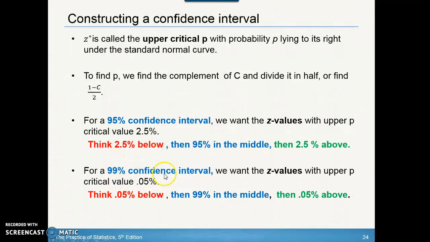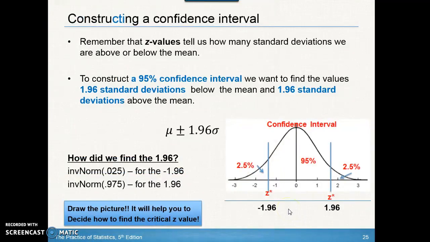For a 99% confidence interval, we want to use z-values with upper P critical value of 0.005. That's saying you have 99% in the middle of your curve, and you have 0.5% above and 0.5% below. So here's where your critical z-score would be here and here. And then they always add up to 100%.